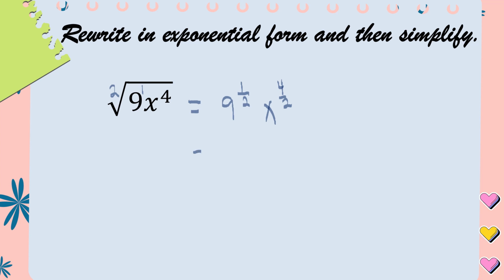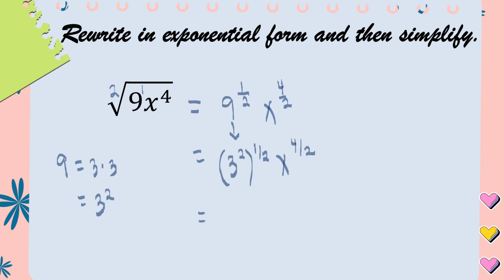And also remember that 9 can be written as 3 times 3, or this is the same as 3 raised to 2. So therefore, we can write this as 3 raised to 2 raised to 1/2 x raised to 4 over 2.